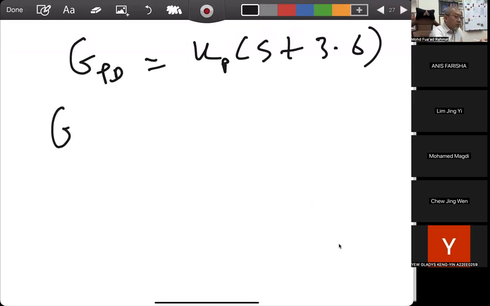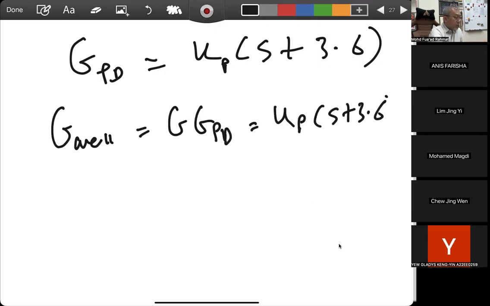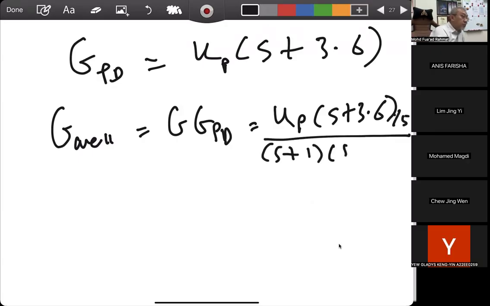Okay, so overall will be GPD: 15 (S plus 1)(S plus 3) over (S plus 6).